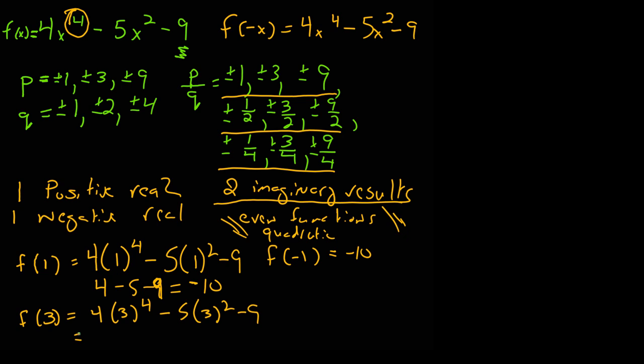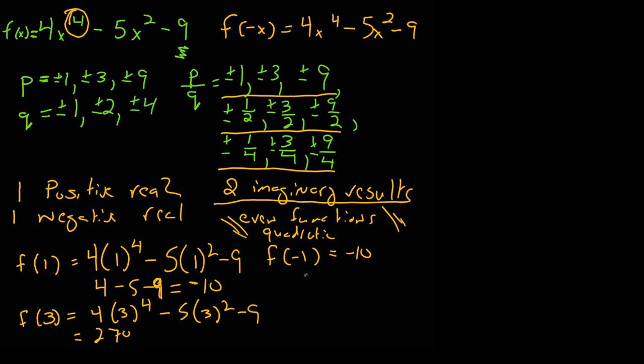Let's see, 4 times 3 to the 4th minus 5, 3 squared. That works. Yep. And so I get 270.